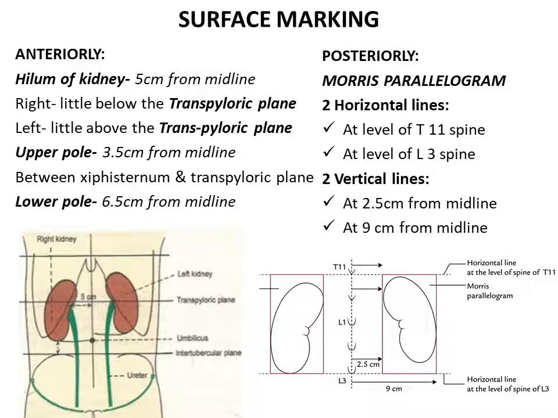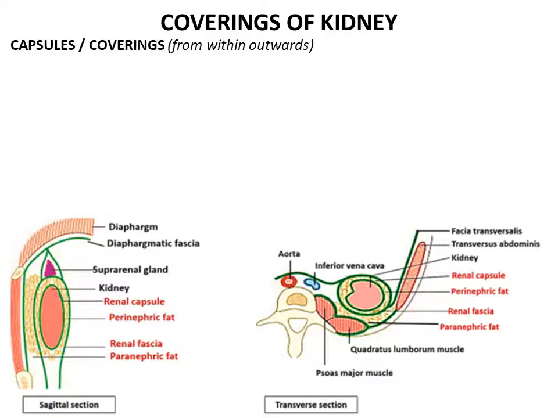Then two vertical lines are drawn at approximately 2.5 cm and 9 cm respectively from the midline, and the kidneys are drawn in between these parallel lines. The right kidney is slightly lower than the left one, and the longitudinal axis of the kidneys runs downwards and laterally, with the upper pole closer to the midline and the lower pole away from the midline.